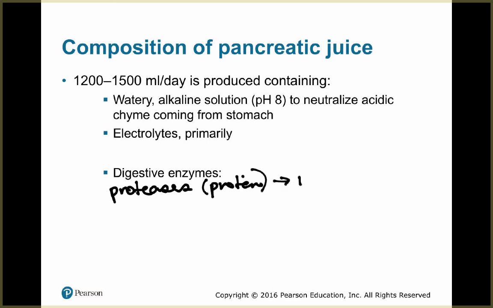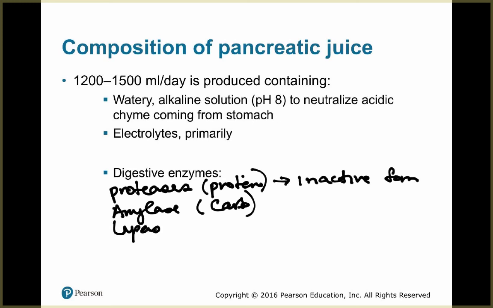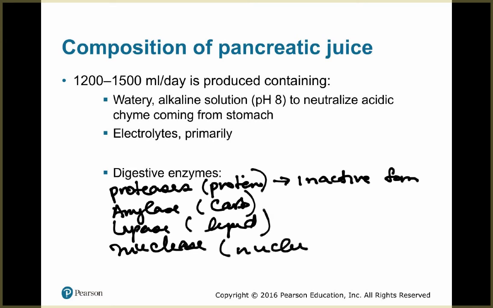And they are released in an inactive form. You don't want to have self-digestion. You have amylases, which are for carbs. You have lipases, which are for lipids. And then you have nucleases, which are for nucleic acids.